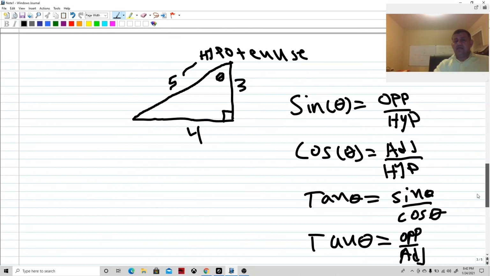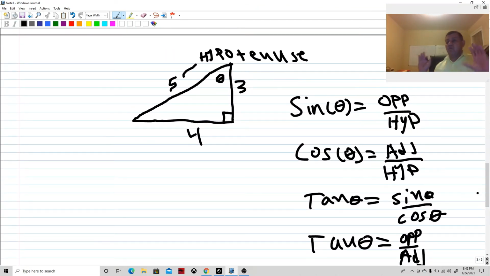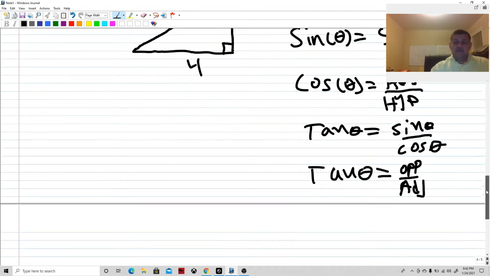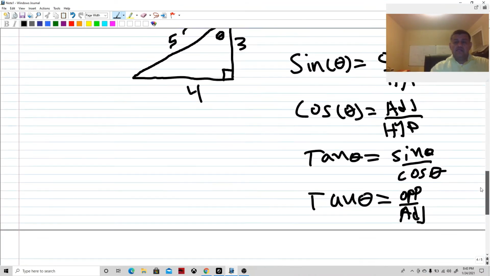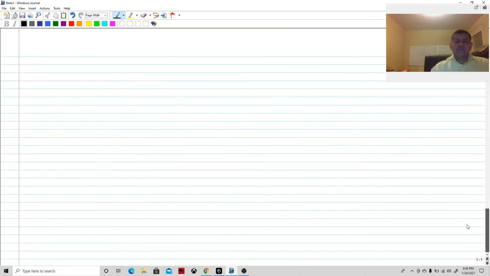Based on that triangle, let's say that we want to find sine, cosine, and tangent, right? So let's do it. Let's say we need to find sine of theta.